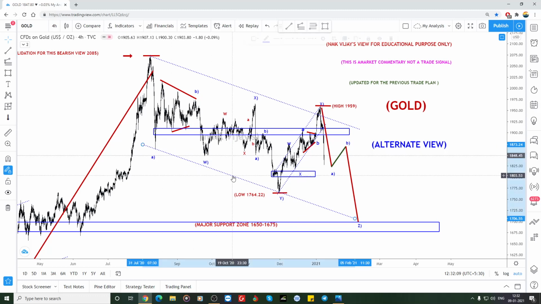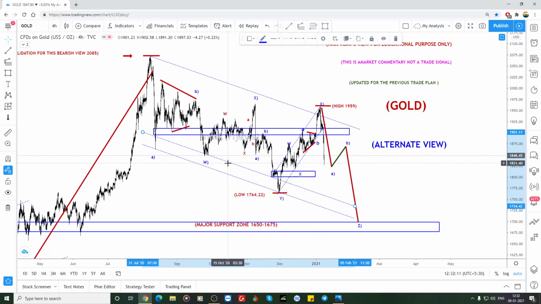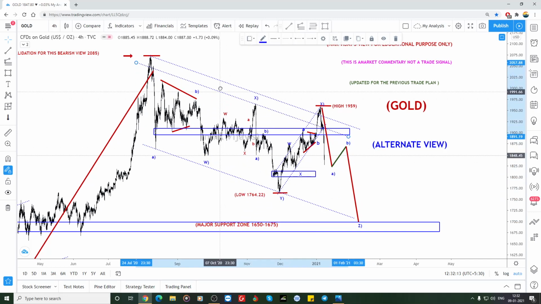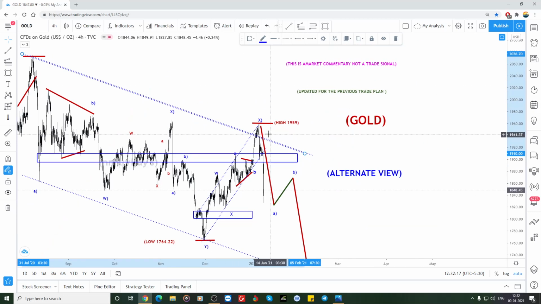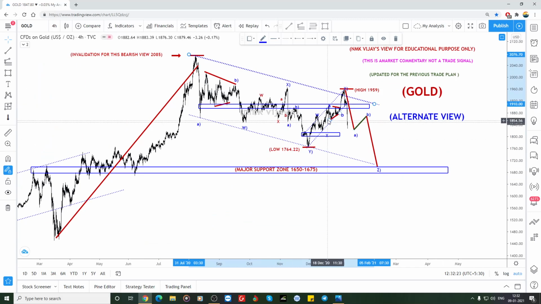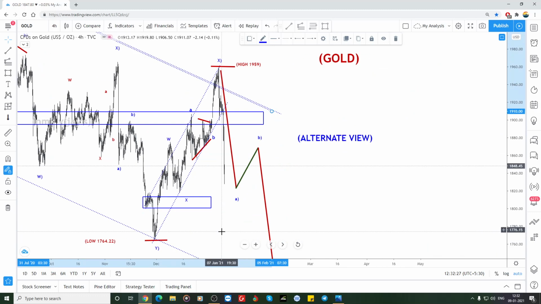This channel, just clone this and fix it here. That's it, and it's already broken. It's a fake breakout, right? And then it immediately came down. So you need to be very, very alert.